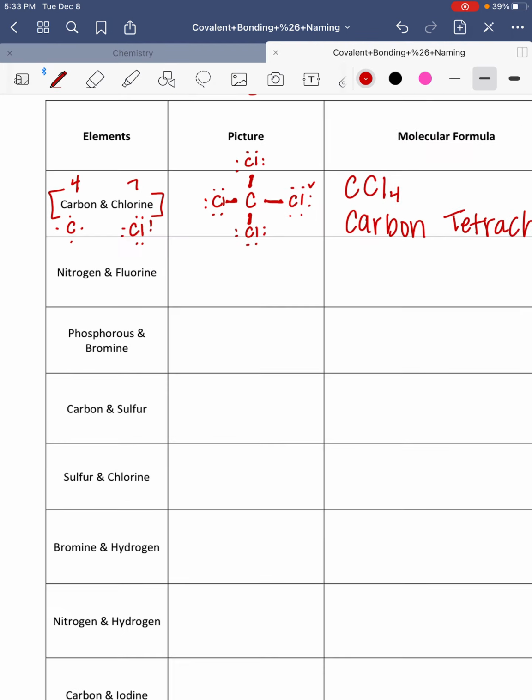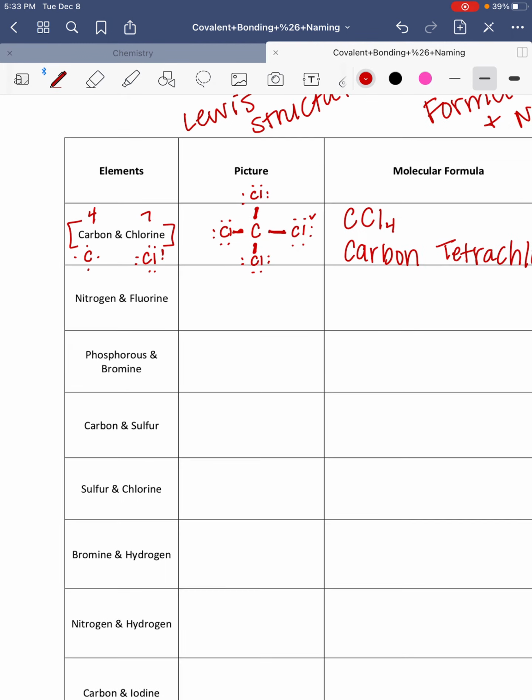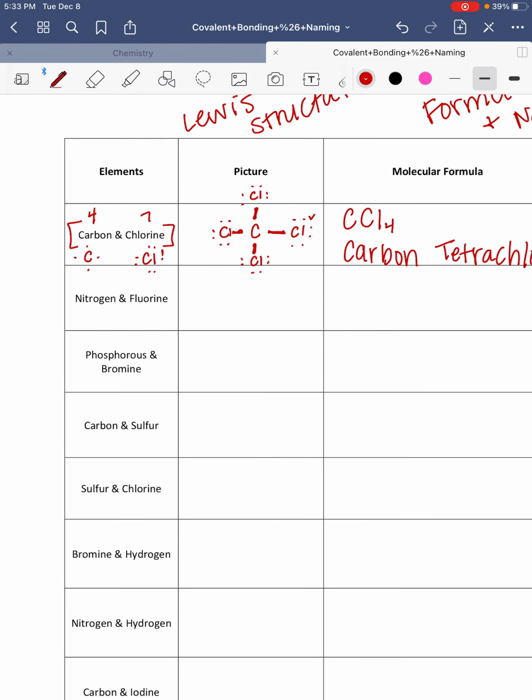I'm going to do phosphorus and bromine just so I can give myself a little bit more space. So phosphorus has, where is my periodic table? Let's see. One second.